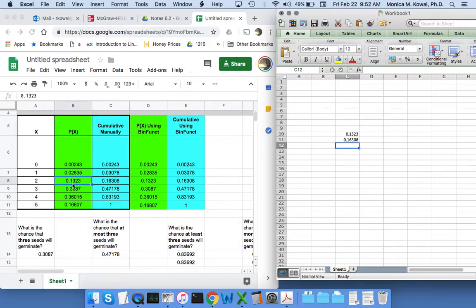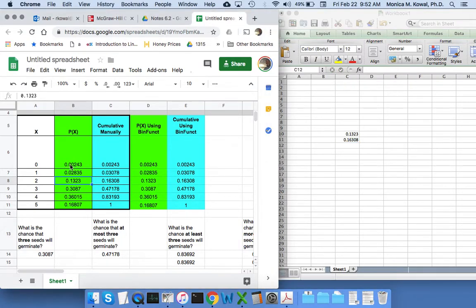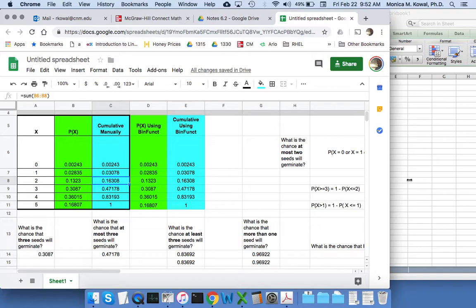At most 2 would be the sum of these probabilities, so the answer we're getting in Excel over here matches that cumulative probability for this discrete probability distribution. So that's how that works.